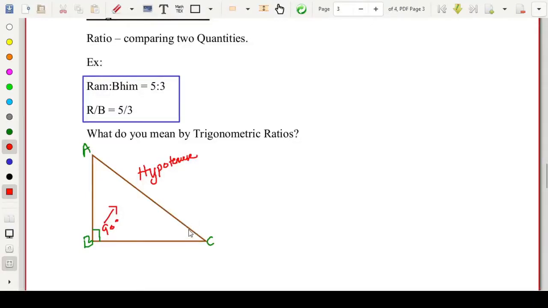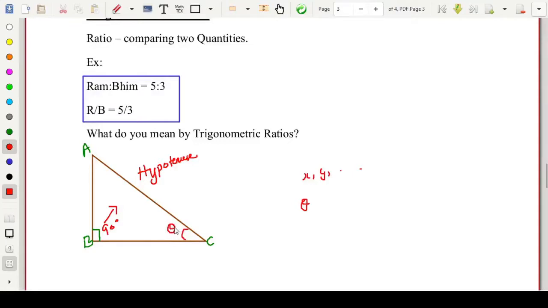Now, angle C may measure 30 degrees, 40, 50, whatever, we don't know. In mathematics, we denote unknown values with variables like x, y, and so on. But in trigonometry, we call it theta, meaning some angle. Here we don't know angle C, so we denote it as angle theta.